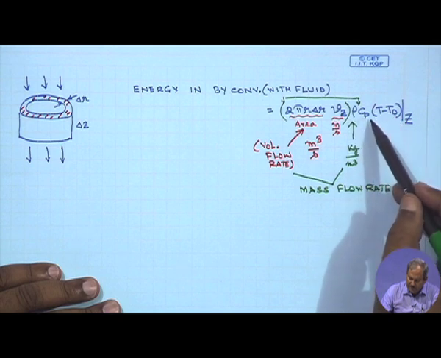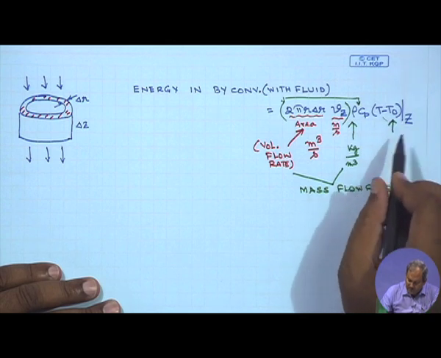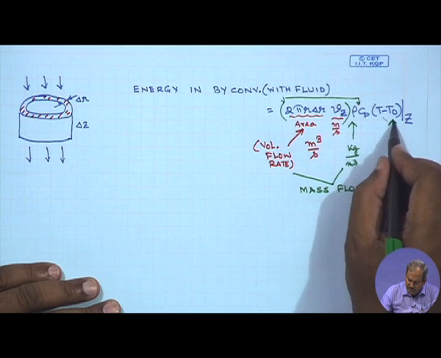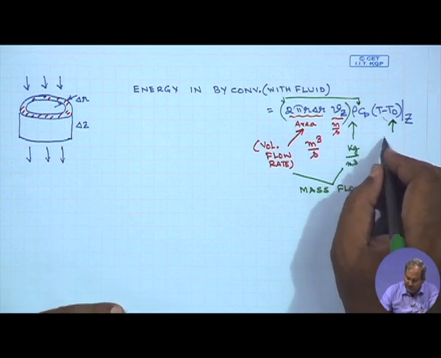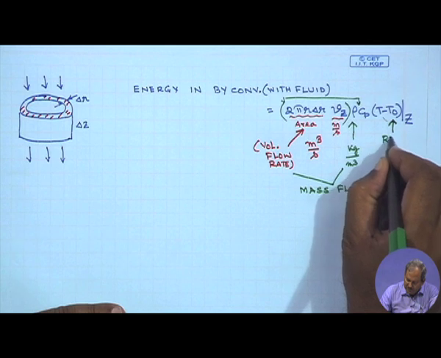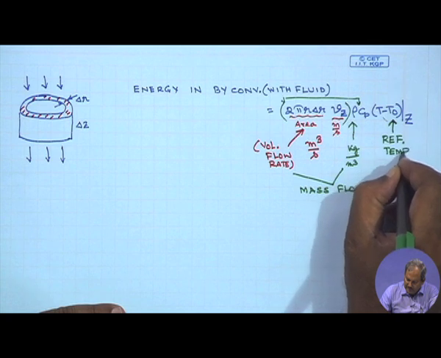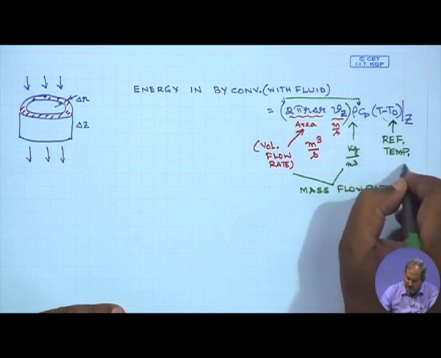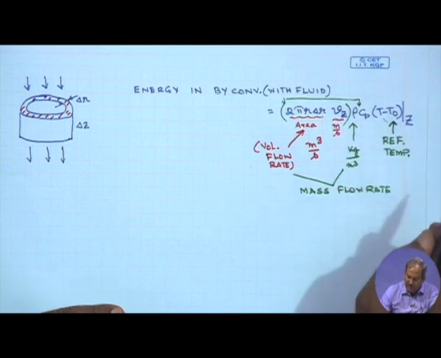So this T naught is some reference temperature, because we cannot express energy in explicit form, it is always expressed in relative terms, and therefore this T0 is some reference temperature. You can define any temperature as the reference temperature as long as you are consistent and you use the same value of temperature everywhere.